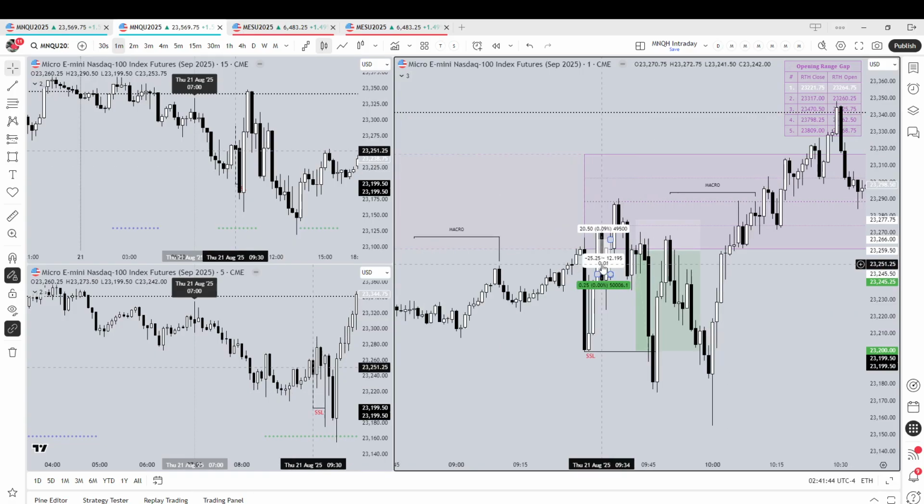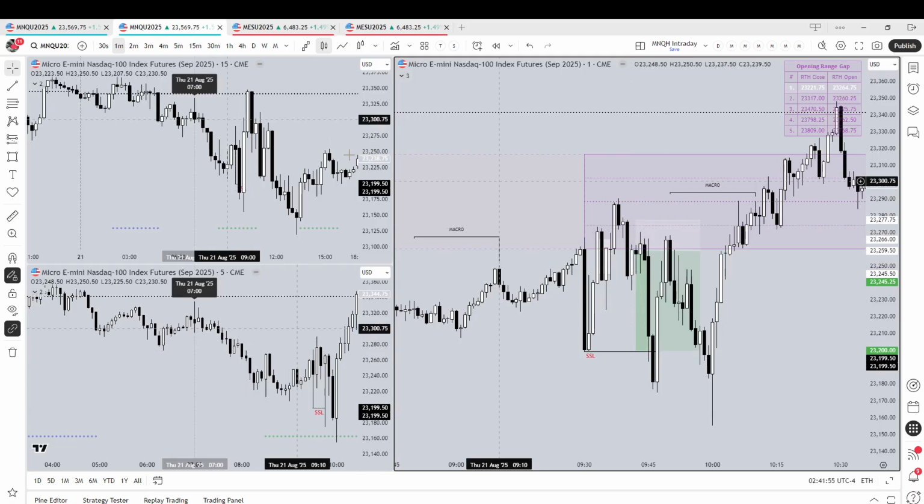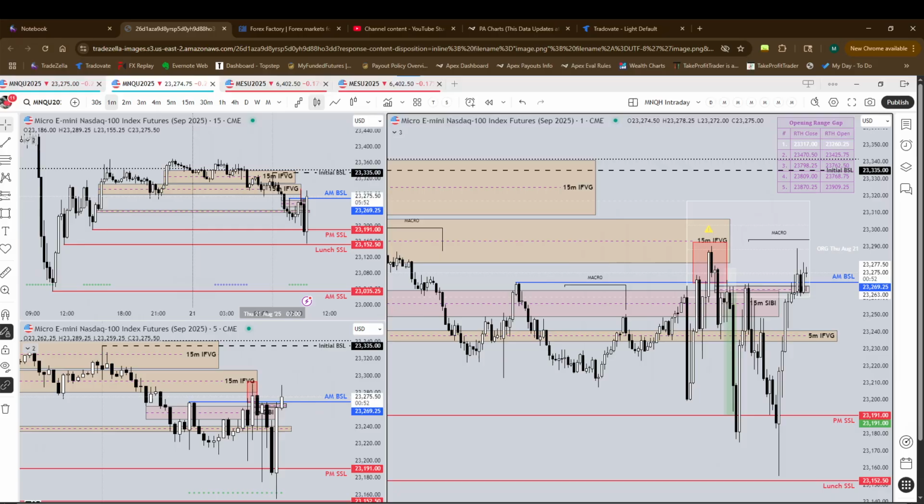I still wanted to have that bearish perspective in mind, and I waited, and price retraced. Let's go back to this little screenshot right here. Price came up once again, back into the 15-minute inversion fair value gap, and that's sort of what gave me another layer of confluence, a little bit more confidence.